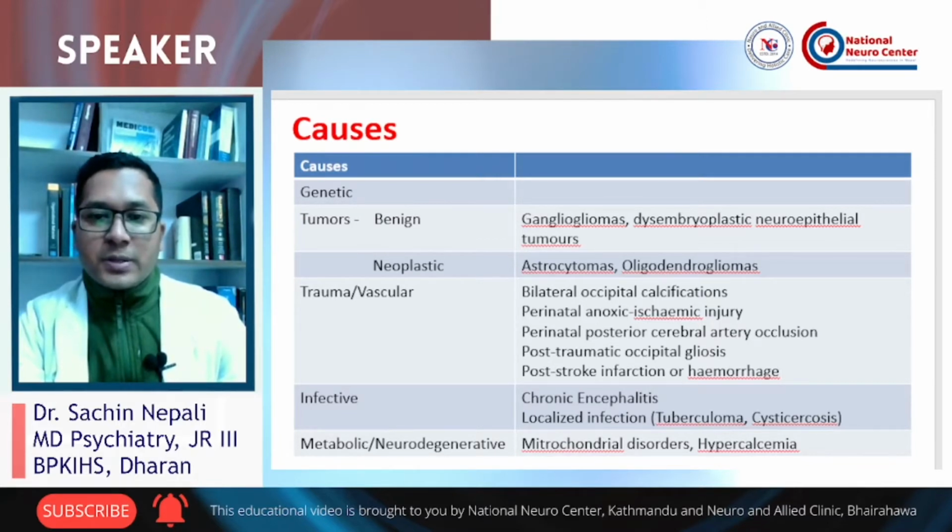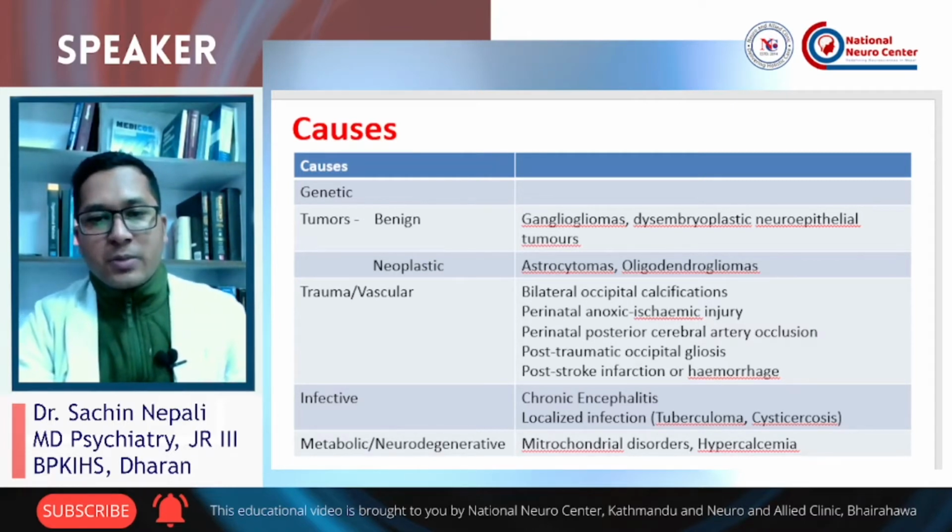In infective causes, chronic encephalitis, localized infection, tuberculoma and cysticercosis. In the metabolic causes, mitochondrial disorders and hypercalcemia.